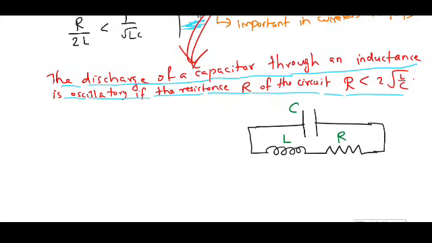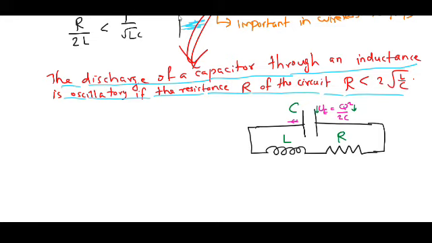That is, during the discharge, the energy stored in the capacitor, that was electric energy, is given by Q square by 2C, and during this discharge, the charge starts to flow from the capacitor plates, and therefore the Q decreases.